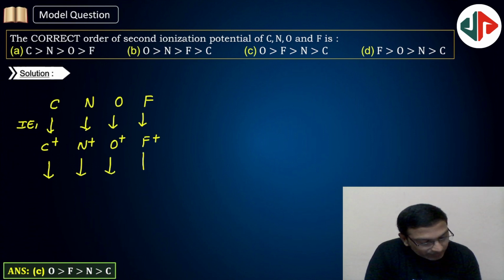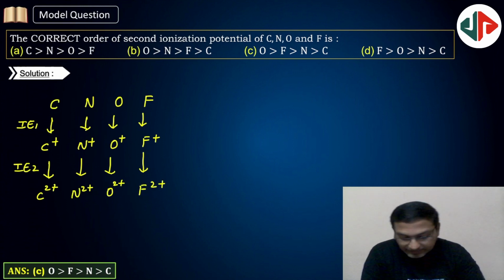After removal of the second electron, which is IE2, it becomes C2 plus, N2 plus, O2 plus and F2 plus.